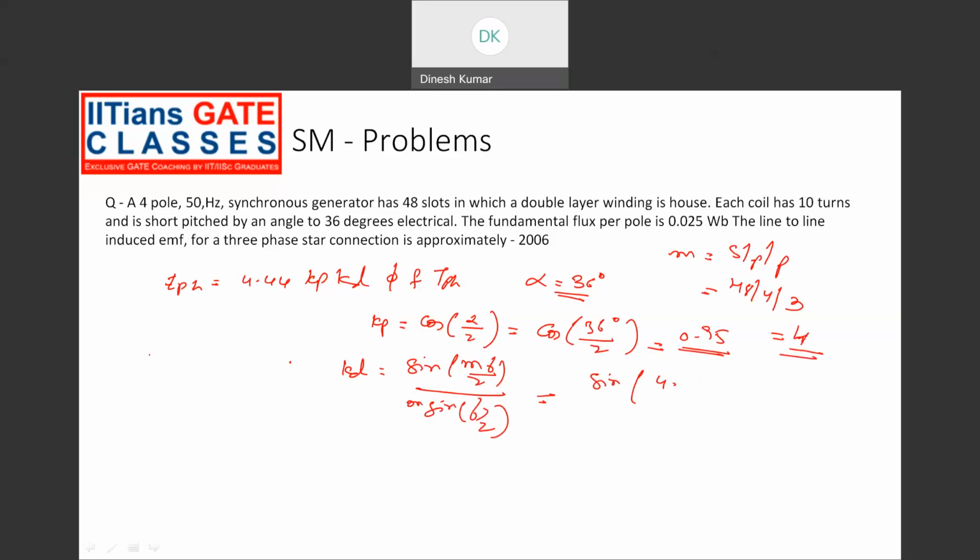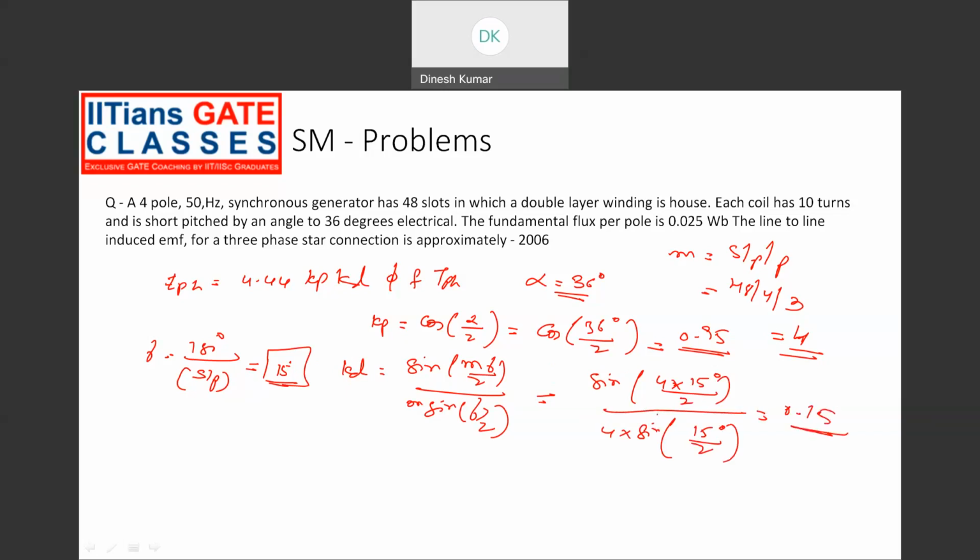Gamma is given by 180 degrees divided by slots per pole. Slots per pole is 48 by 4, which is 12. 180 degrees by 12 is 15 degrees. So sine of 4 times 15 degrees by 2, divided by 4 times sine of 15 degrees by 2. So this gives you around 0.15.